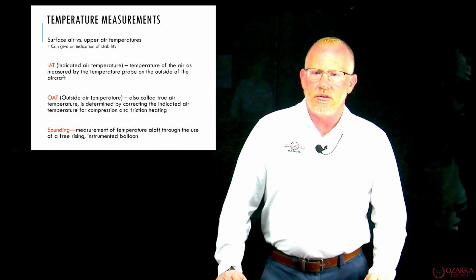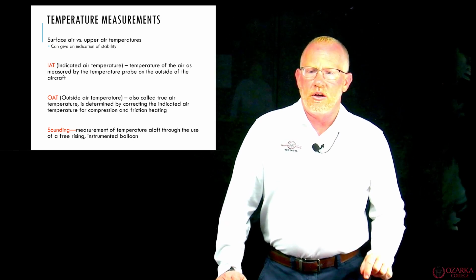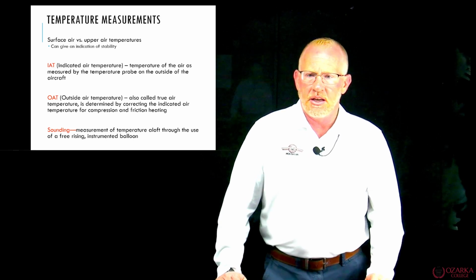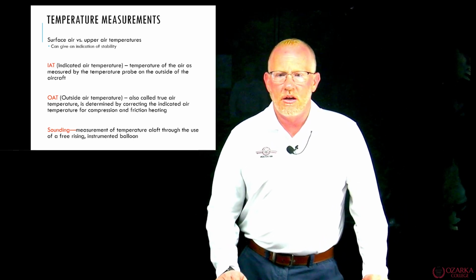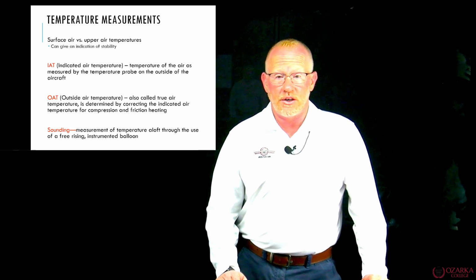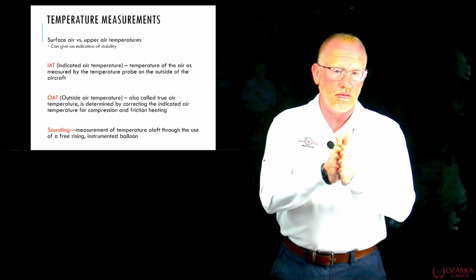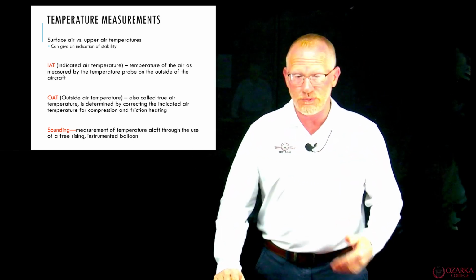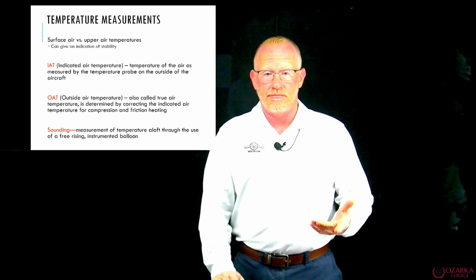Outside air temperature, OAT, is also called true air temperature. Now, it is determined by correcting the indicated air temperature for compression and friction. Because we know if you take your hands and rub them together, what happens? Your hands get hot, right? That's friction. So air going across your aircraft does the same thing.